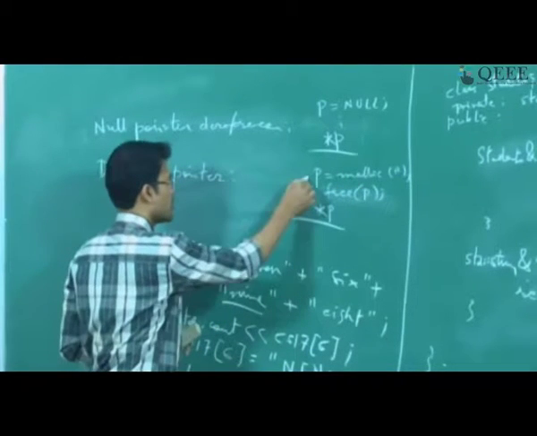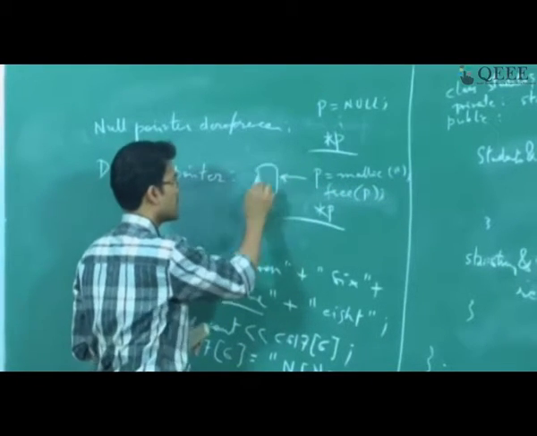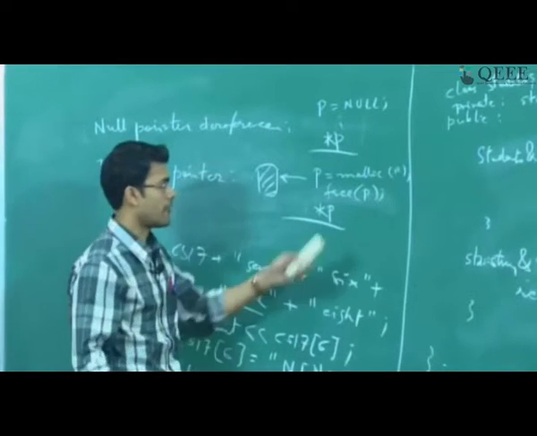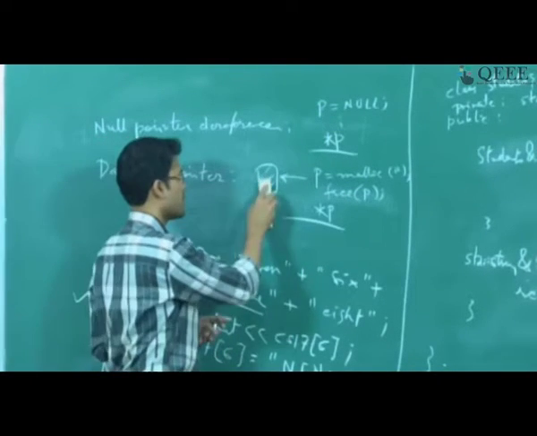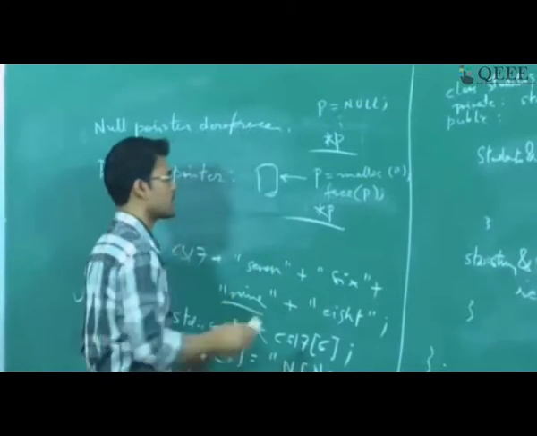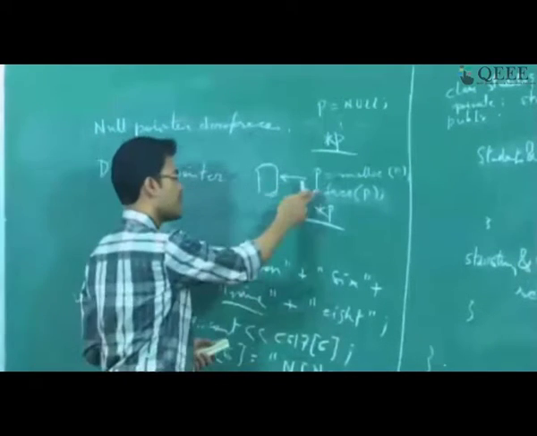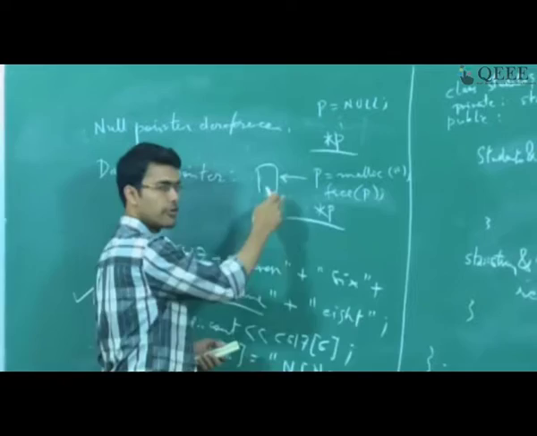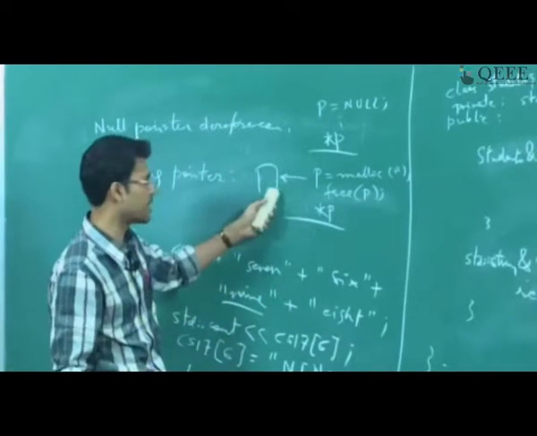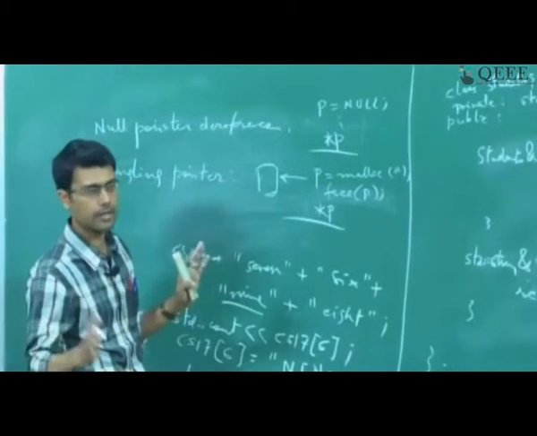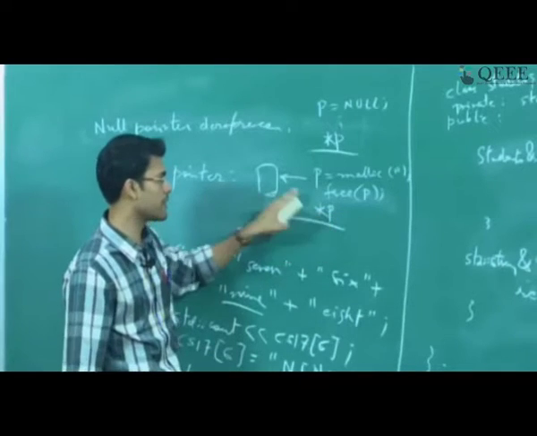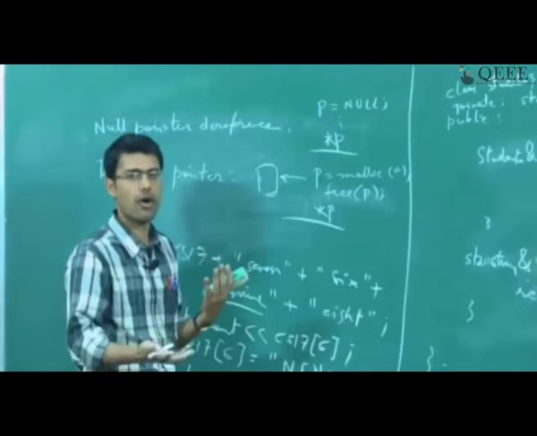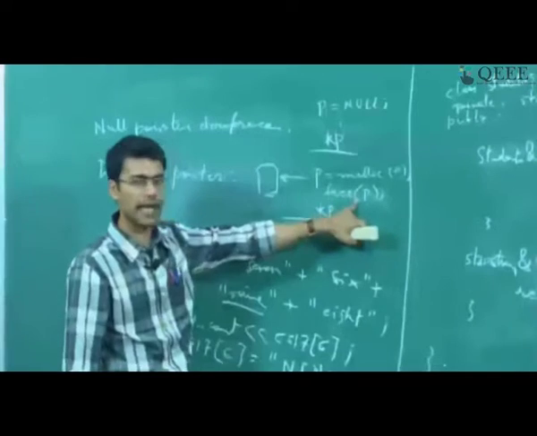Let us say after malloc, p was pointing to some memory area. After free, I have deallocated this memory area. However, p is still pointing to it, which means that p's value is still the address of this memory, which is no longer allocated, and therefore when you dereference, you are actually referring to a wrong pointer. So therefore this becomes a dangling pointer.